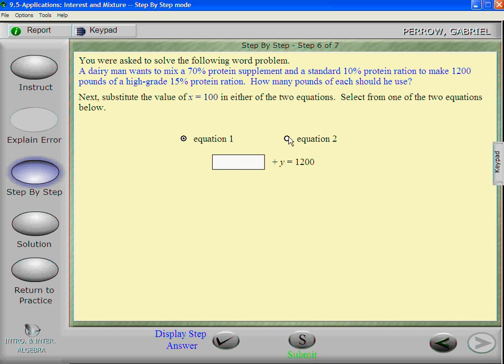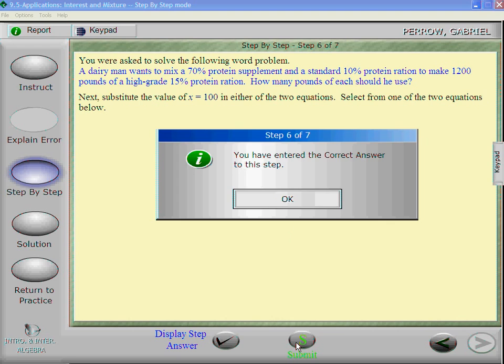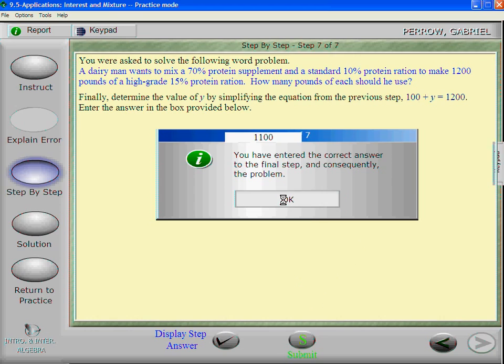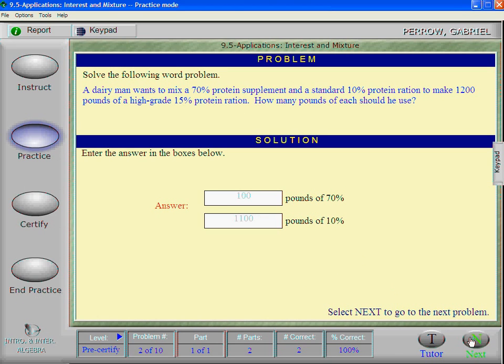You can plug it into either equation and work it out from there, but this one looks pretty slick because I can just plug in 100, and then, of course, subtract 100 from both sides. Y would become 1100. So 1100 pounds at 10%, 100 pounds at the 70%, would be correct.